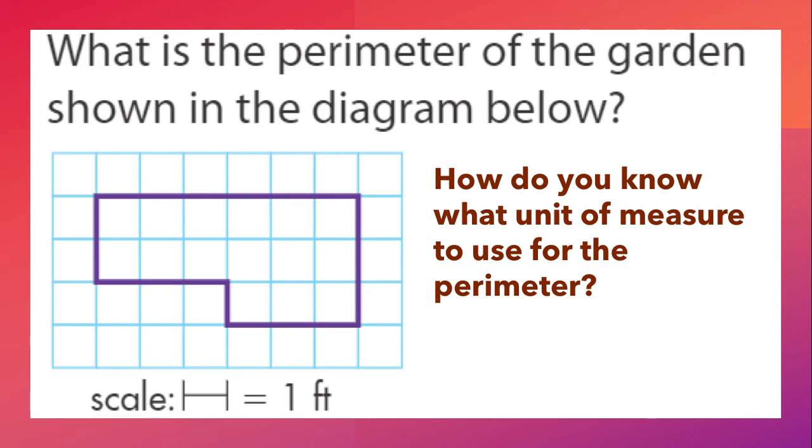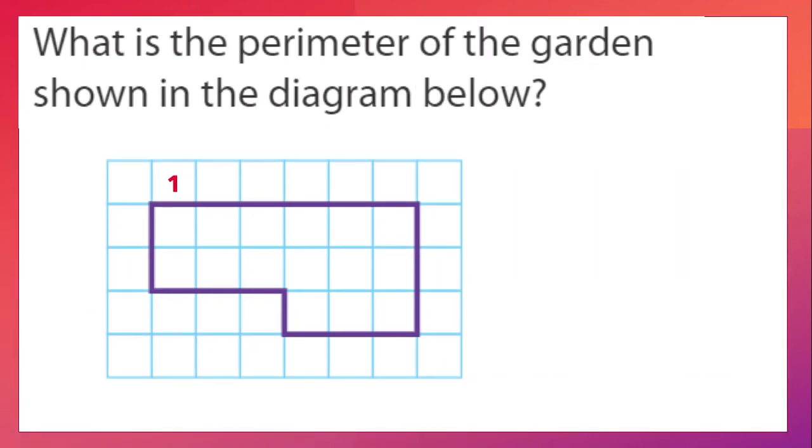Here, to figure out what form of measurement you're using, you look at the key. It says that 1 square equals 1 foot. So when we're doing this, this would be 1 foot, 2 foot, 3 foot, 4, 5, 6. 6 feet.